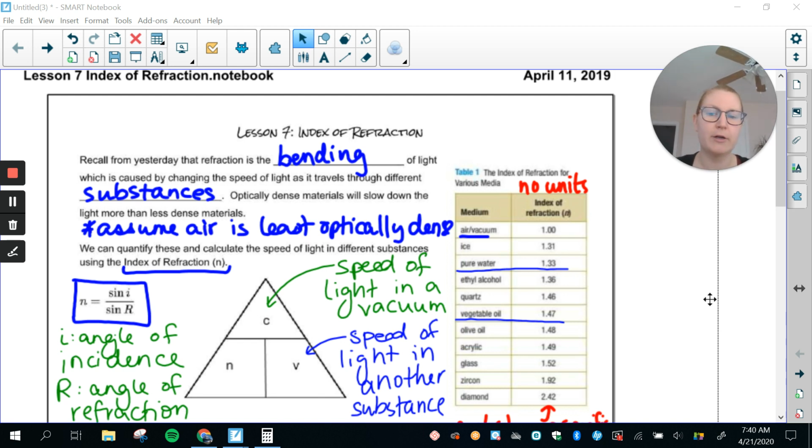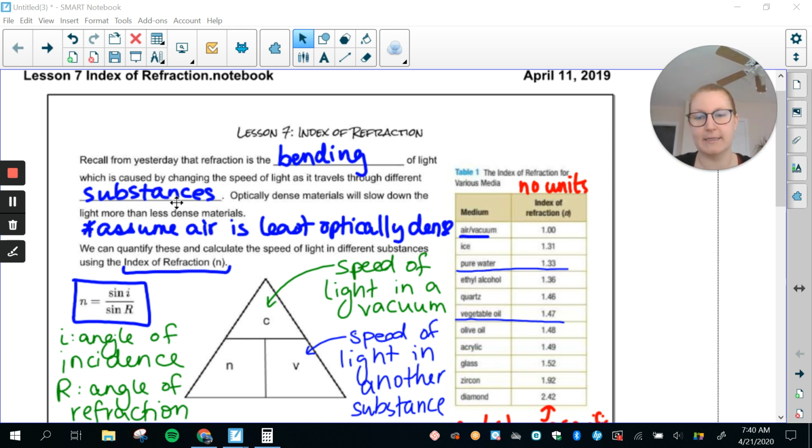So yesterday we talked about bending of light, which we called refraction. And hopefully what you noticed by doing that little activity online was that depending what the substance is, it's going to bend the light slightly differently. So we did an example with air, glass, and water, and each of those things was going to bend the light in a slightly different way.